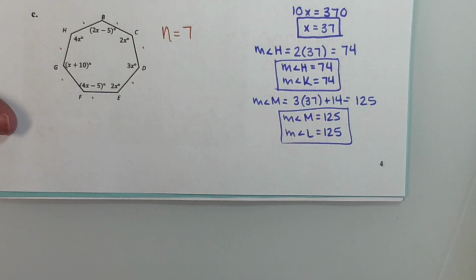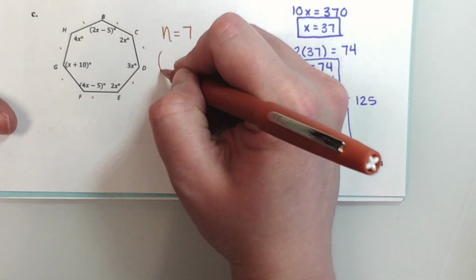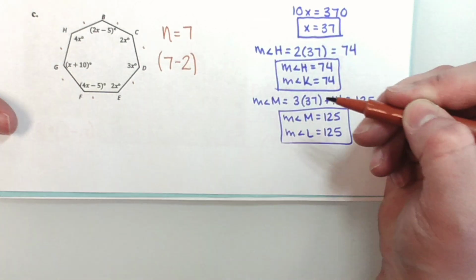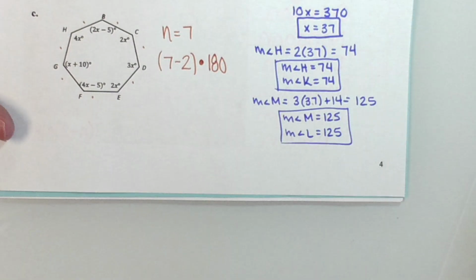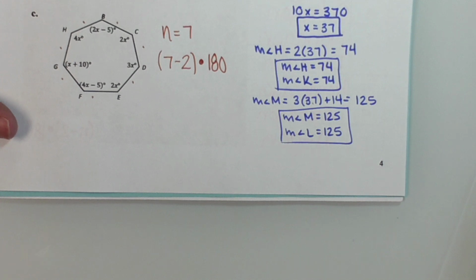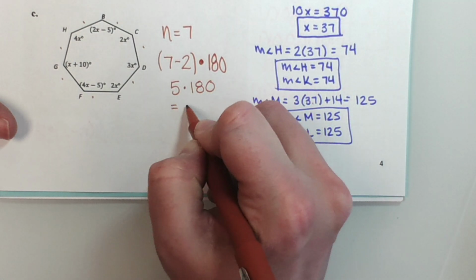Heptagon for a 7. How do I figure out what the angles add up to again? Because it's 7 minus 2 in parentheses times 180. So that becomes 5 times 180, which is 900.